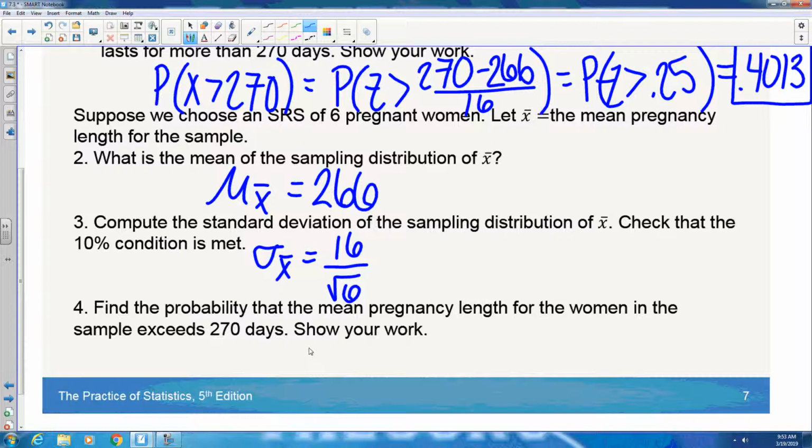Find the probability that a mean pregnancy length for the women in the sample exceeds 270. So our calculations will look pretty similar, only our sigma on the bottom is going to be 16 over the square root of 6.